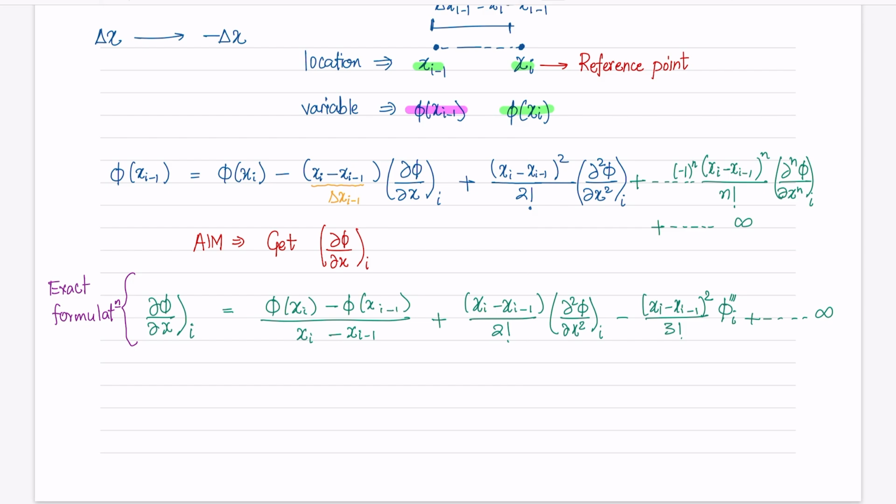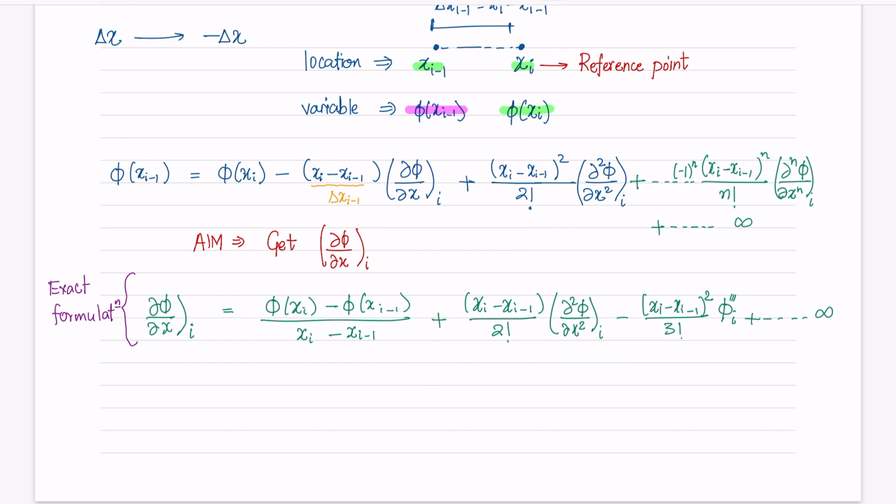Again, we are trying to evaluate the first derivative, so it is very unlikely that we know the second derivative, third derivative and so on. So we need to truncate the series somewhere. We can truncate even after the first term, or after the second term. That is up to us to decide based on our judgment. The judgment is we don't know the second derivative, so we have to truncate it over here.